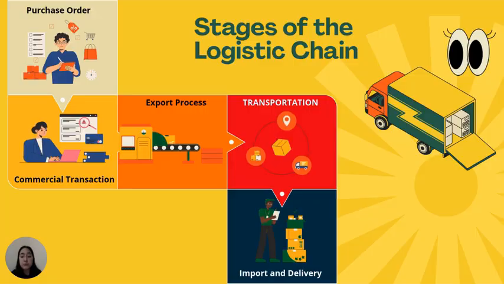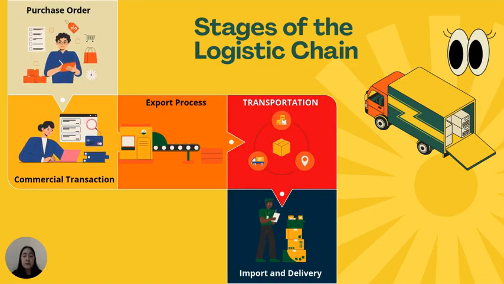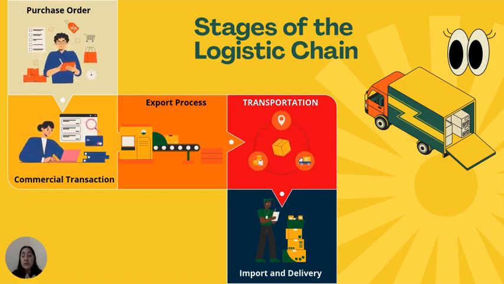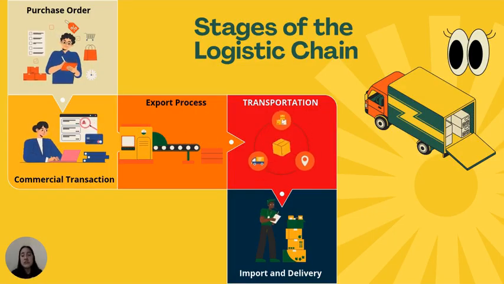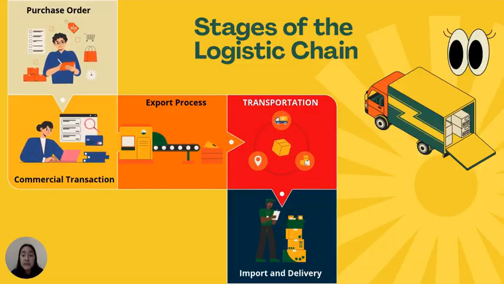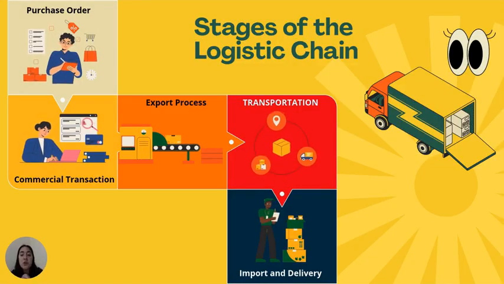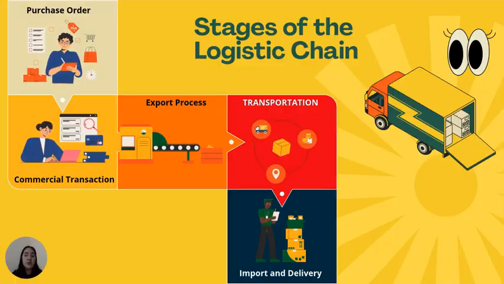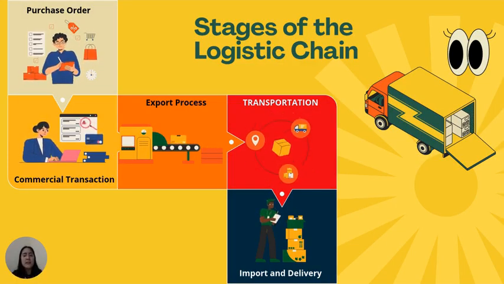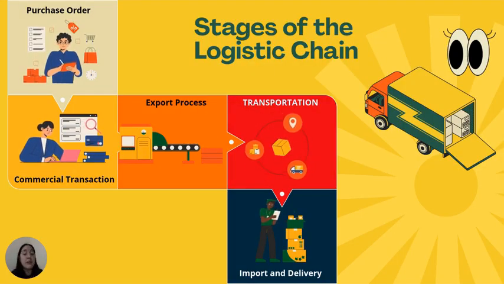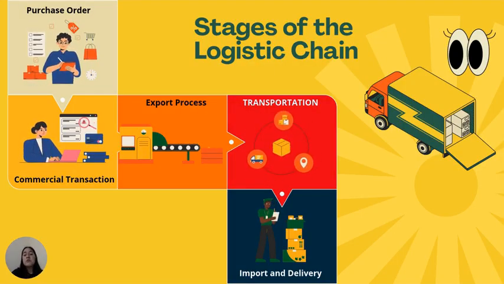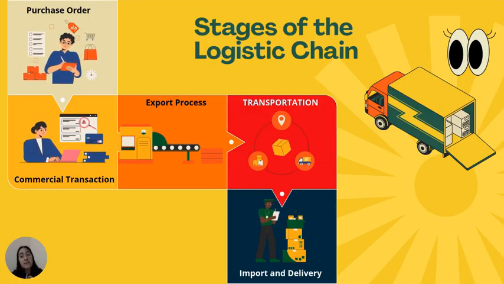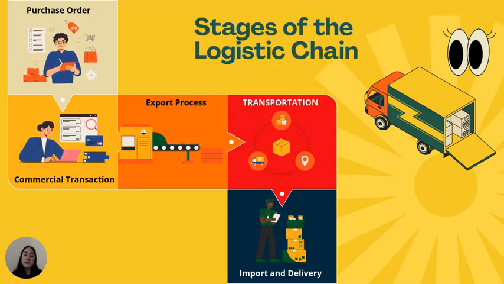After that, we have the export process, which includes preparing the product, obtaining export permits, and creating documents such as the commercial invoice or the packing list. Once everything is ready, we move to transportation, where the products are shipped by sea, air, or land under transport documents like the bill of lading or airway bill. Finally, the products go through import and delivery, where customs clearance takes place, duties are paid, and the products are delivered to the buyer.